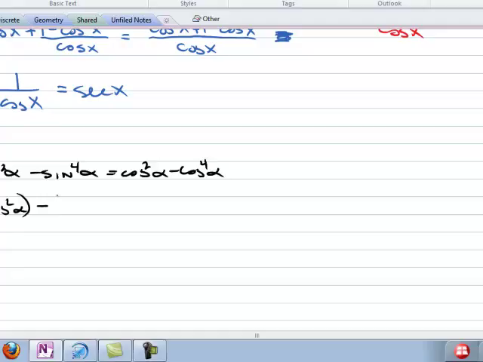Never thought about it. Actually, it'd be sine squared times sine squared. And sine squared would be 1 minus cosine squared, times 1 minus cosine squared.